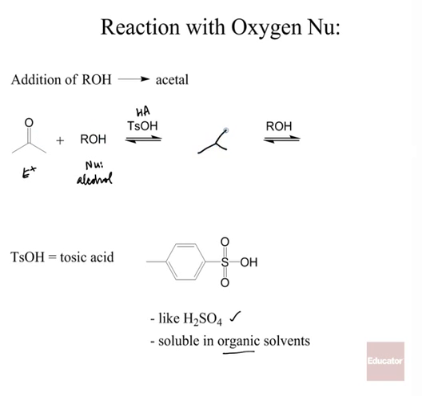Well, we would end up adding an OR group to the carbonyl carbon, and where we used to have a carbonyl, we would get an OH. So this structure is in fact what's formed. However, this is just an intermediate structure. The reaction doesn't stop here because a second equivalent of alcohol is going to come in and react.